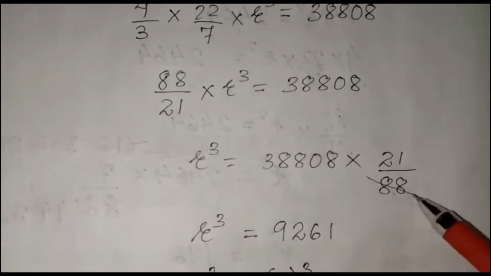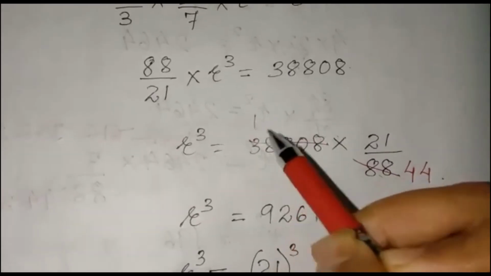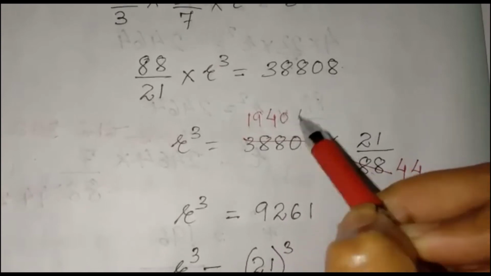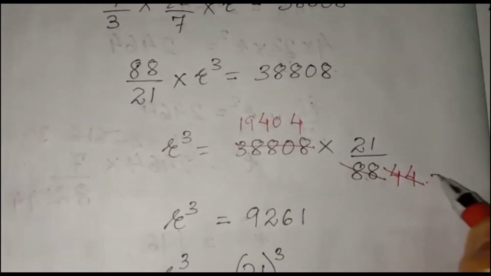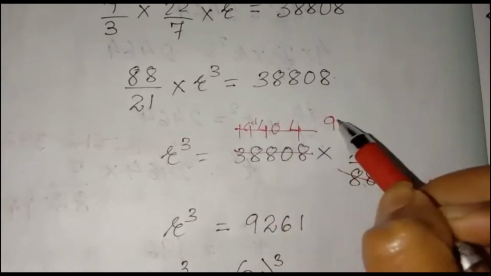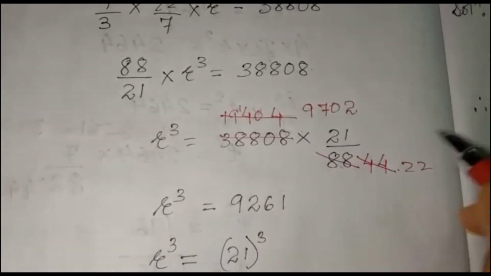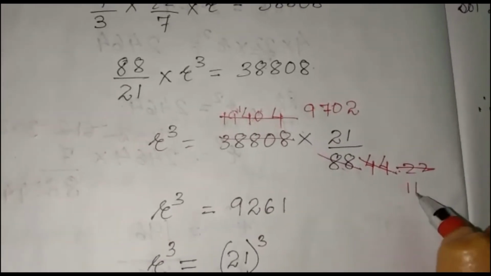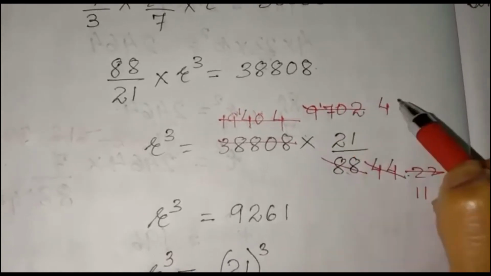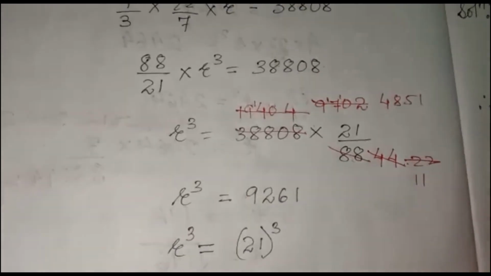Now cancel. 2 4s are 8, 2 1s are 2, 2 9s are 18, 2 2s are 4, 2 7s are 14, 2 11s are 22, and so on.